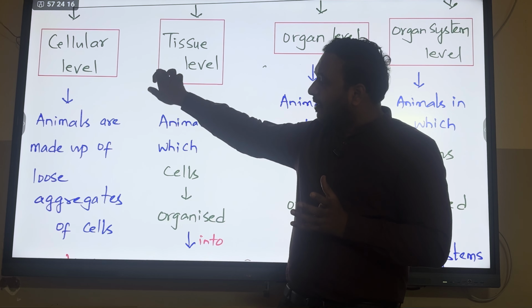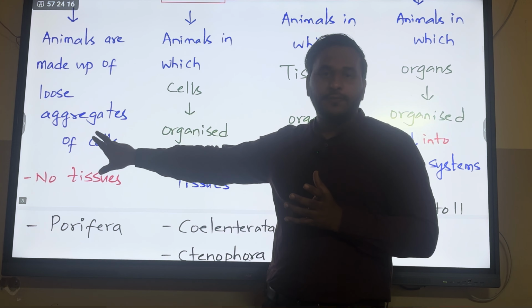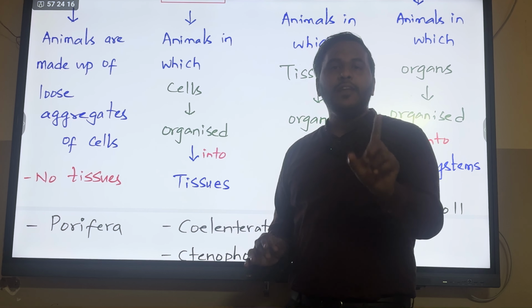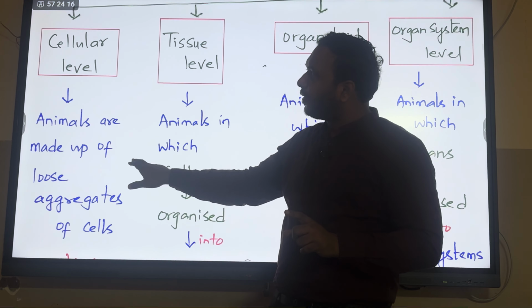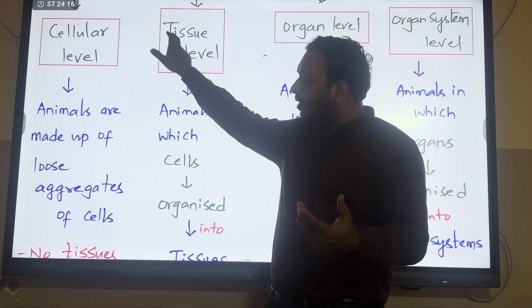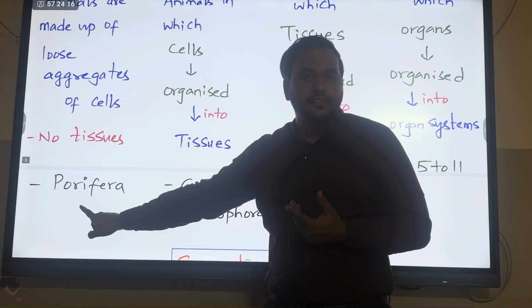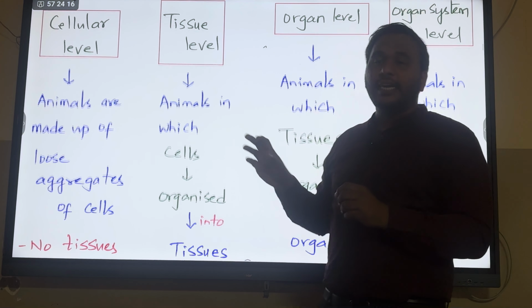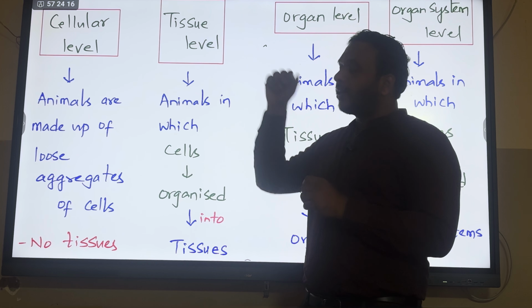So animals are made up of loose aggregates of cells. The only phylum which shows this organization is the first phylum, that is Porifera.